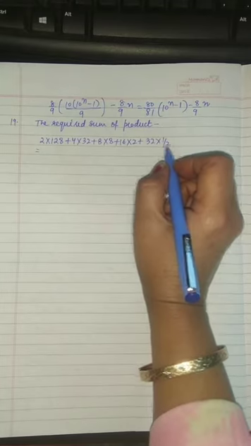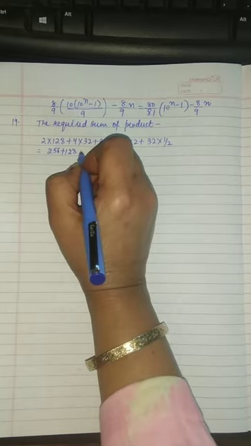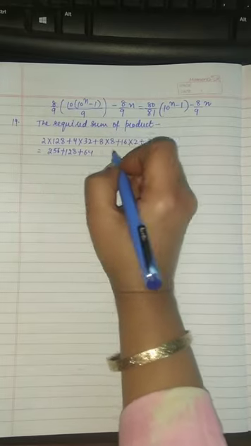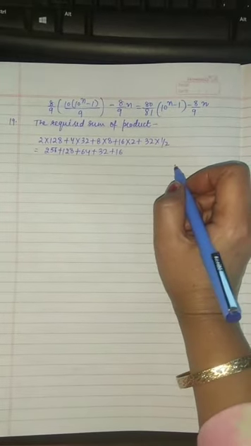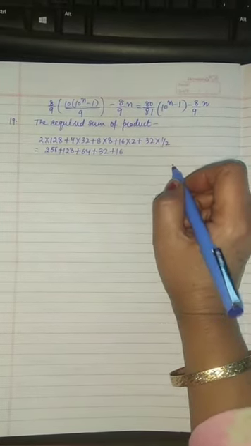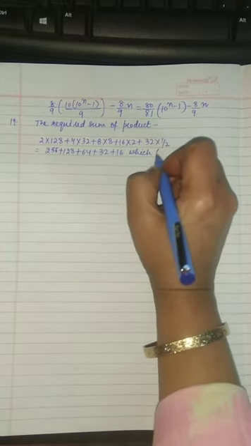Now on adding all these numbers we will get 256 plus 128 plus 64 plus 32 plus 16. Now this is a GP whose first term is 256.